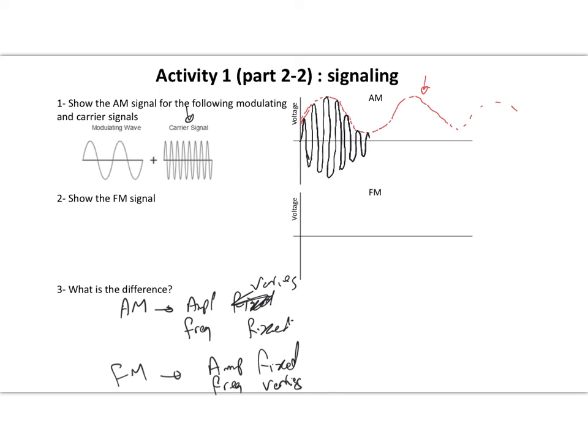That's how it looks. That's why the modulating signal becomes like an envelope over the carrier signal.